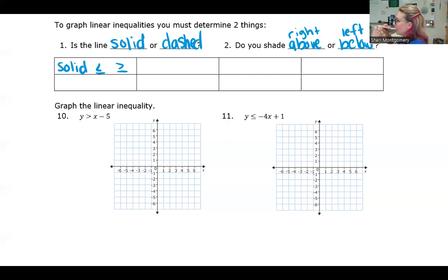So if you have the line underneath, it is a solid line when you graph. So whenever you have the solid line underneath, you make a solid line when you graph. If you are dashed, it's just because you have greater than or less than, and you don't have anything underneath. So you need to have holes.